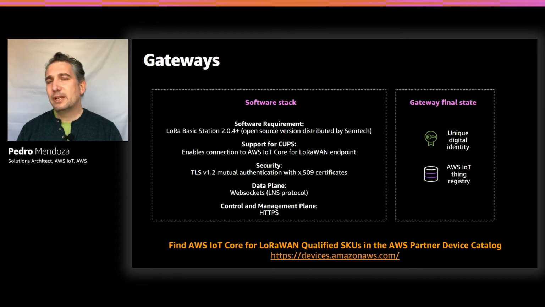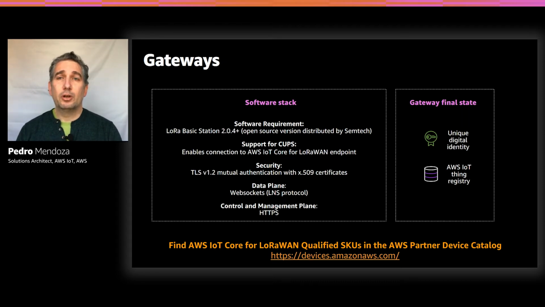In terms of gateway selection, you can basically choose between two options. First of all, we have been working with the major gateway manufacturers in the industry to qualify a set of gateways, so it's very easy to set this up and integrate with AWS IoT Core for LoRaWAN. These are gateways that are pre-configured with the right endpoints as well as the required certificate for implementing this TLS mutual authentication. So it will be a single configuration step to get this up and running.